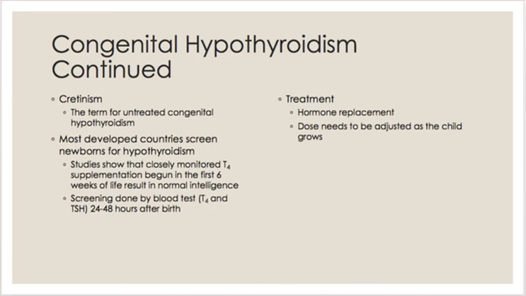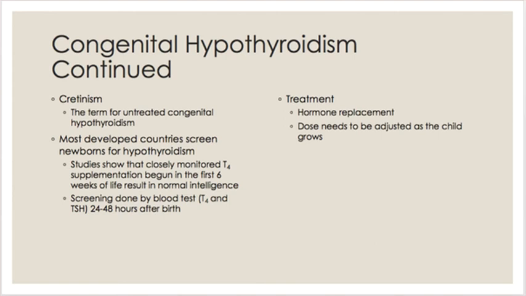Most developed countries, such as the US, do screen newborns for hypothyroidism because research studies have shown that if you closely monitor T4 supplementation, and it's begun in the first 6 weeks of life, it results in normal intelligence. So you want to monitor, you want to diagnose it, and you want to start treatment quickly before there is any lasting effects.